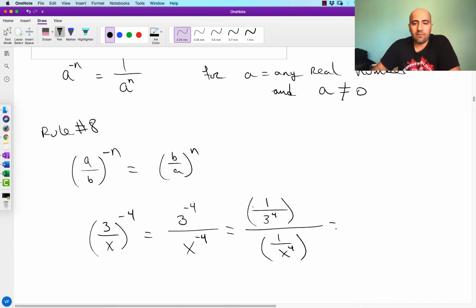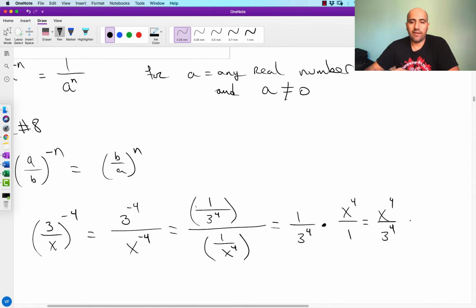And then how do we simplify this? We have a giant fraction where the numerator is a fraction, the denominator is a fraction. Remember, we keep, change, flip. So we keep the exponent alone, and then we multiply it instead of divide it times the reciprocal of the denominator, and the reciprocal would then be x to the 4th power divided by 1, which then multiplies to x to the 4th power divided by 3 to the 4th power.